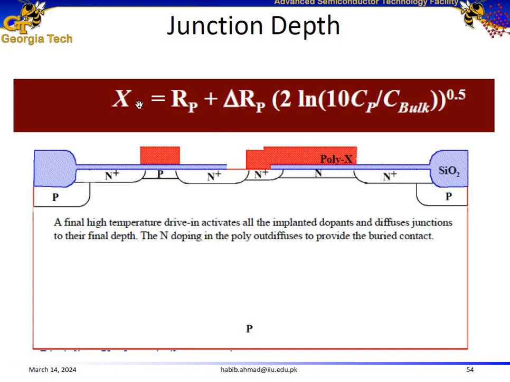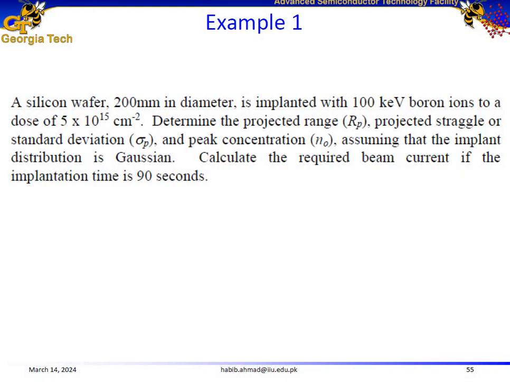This depth can be determined using this formula, which is equal to the projected range plus projected straggle times the square root of 2 times natural log of the peak carrier concentration, which represents the carrier concentration of the drain and source regions, which are heavily doped regions, divided by the concentration of the bulk region, which is lightly doped. So this is how we determine the junction depth.